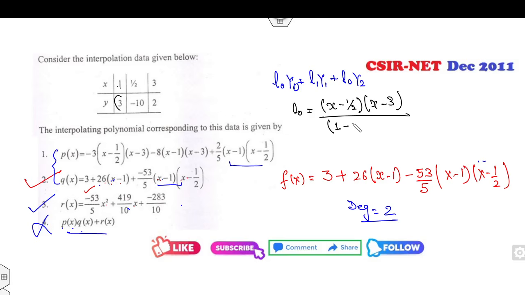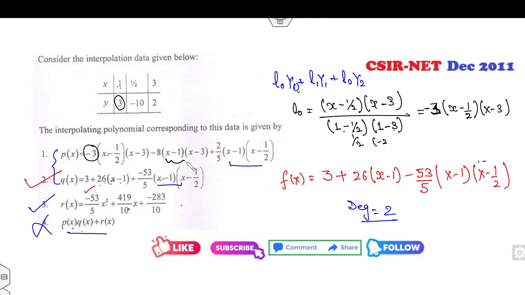The x value is 1 minus half, 1 minus 3. So x minus half, x minus 3. What is y0? It is 3. If you multiply them, it will be minus 3. What is the coefficient of minus 3?